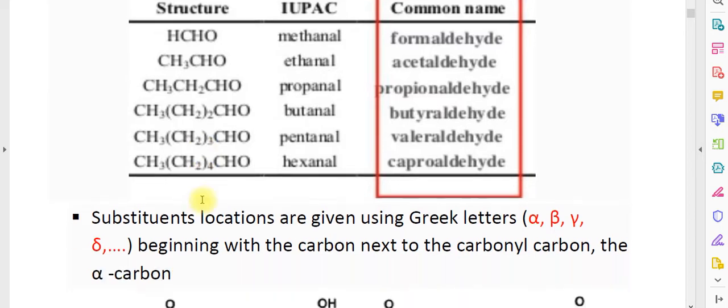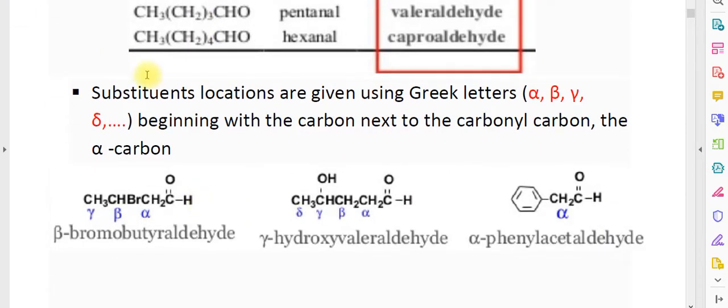And the most important thing is that substituents are located using Greek letters: alpha, beta, gamma. The carbon next to the carbonyl carbon is alpha.